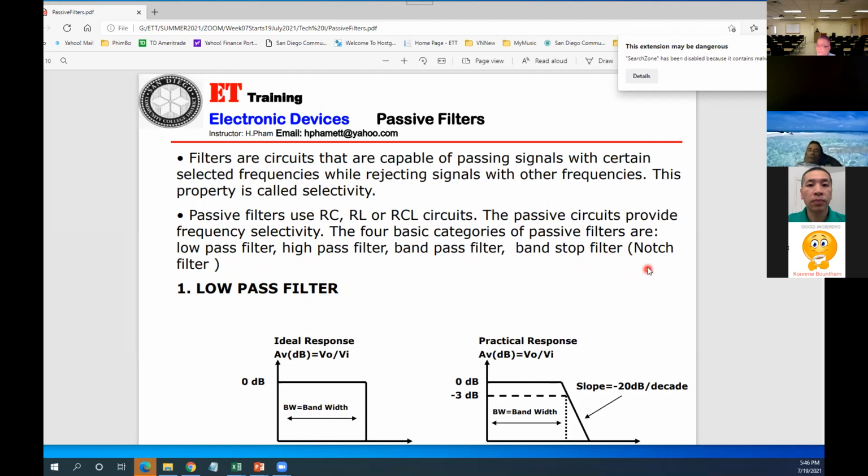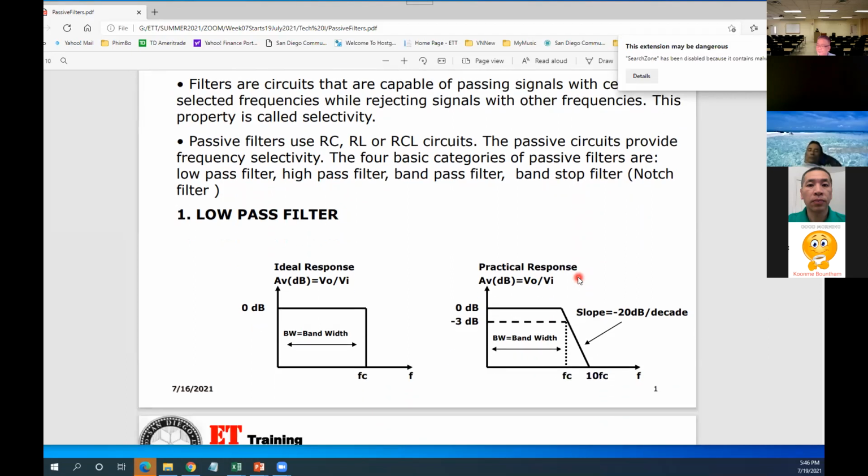Also the other name, notch filter. Okay, make sure if you get any question, just go ahead and stop me, okay? Now, first thing we're talking about low pass filter.